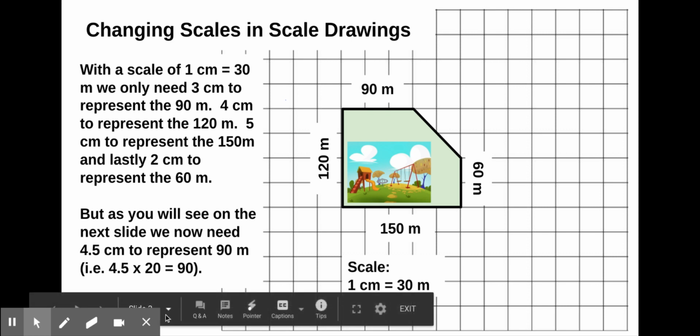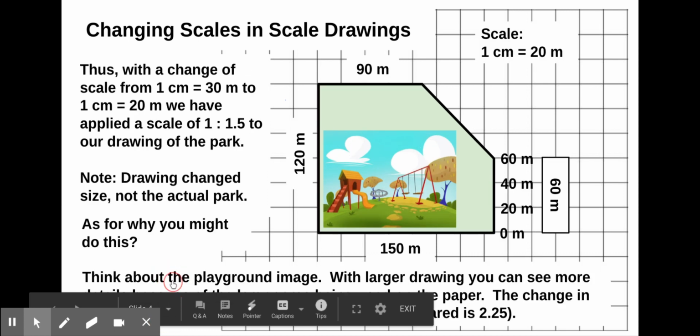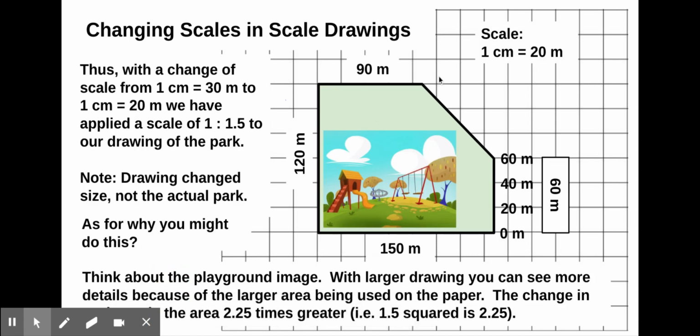And with that next slide, again, 4.5, like I said before. And we need the 3 here, from 2 to 3. And so what we're seeing here is that the scale has become 1 to 1.5 compared to that original scale of 1 centimeter to 30 meters. When we go to 1 centimeter equals 20 meters, the drawing has been scaled by 1.5.